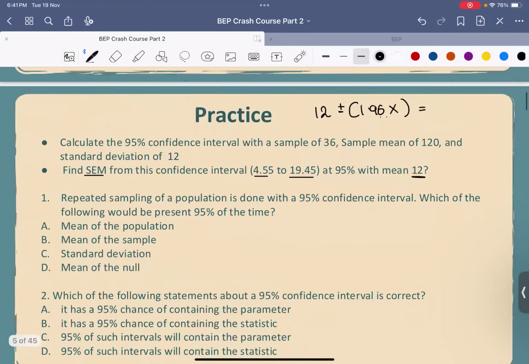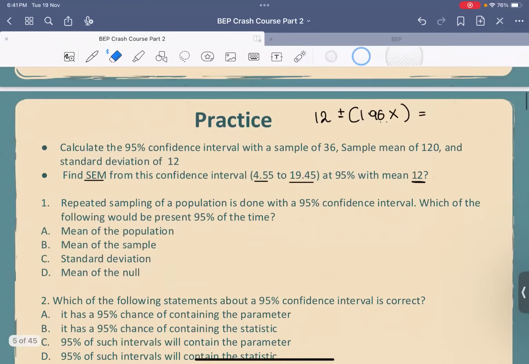If it's plus, then it will equal 19.45, and if we use minus, it will equal 4.55. I hope you understand this point, because in the normal equation we add and subtract. If we subtract, we get this one; if we add, we get this one. That's basically what we're doing.